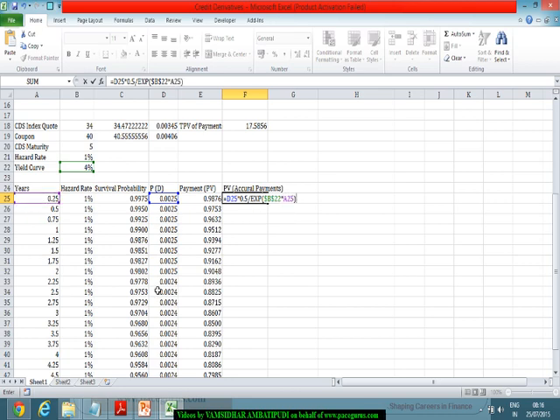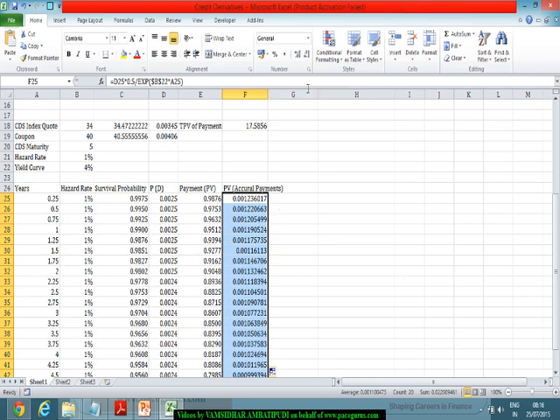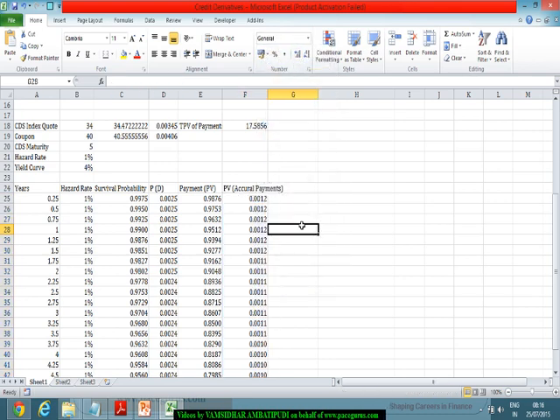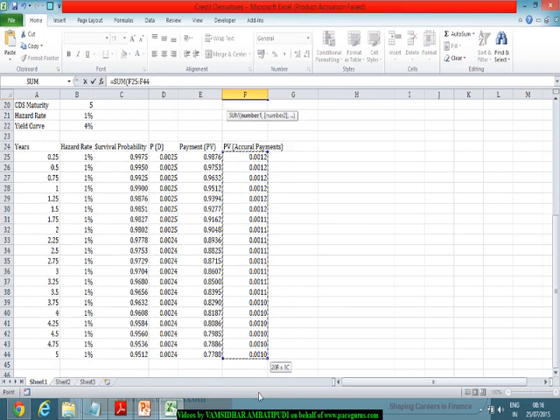So even this S also needs to be added. So I'll do the addition of this as well. So the total present value of accrual payment. This is what we have done in the earlier numerical as well, so I don't think we really need to stress on it again.